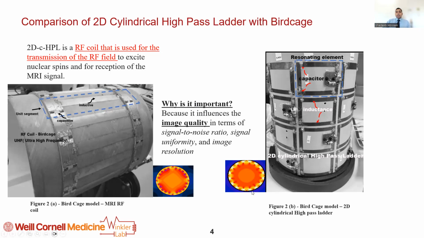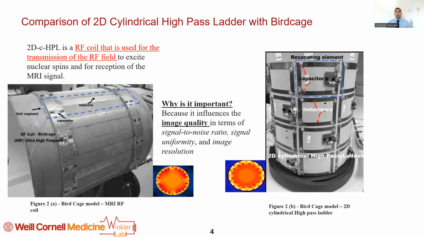This is a simulation model. You could see here the two simulation models of the field distribution for the birdcage and for the 2D cylindrical high-pass ladder. Compared to the birdcage model, the 2D cylindrical high-pass ladder has a more uniform field distribution.